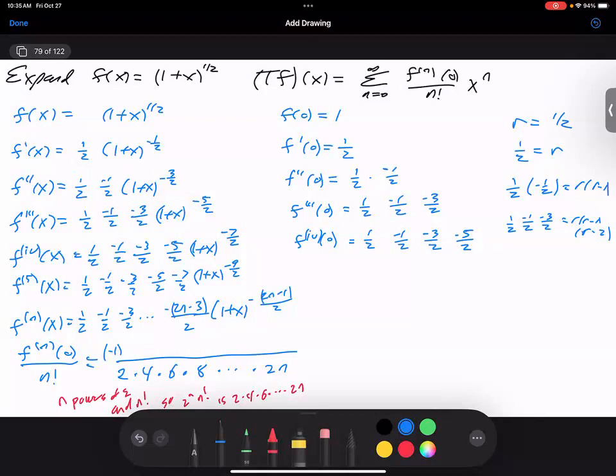So it should be -1 to what power? When n was 2, it was to the first power. When n was 3, it was to the second power. n minus 1. So something like that. So I can figure out what the -1 is without too much trouble. And then I'm going to have 2n minus 3, 2n minus 5, dot, dot, dot, times 3, times 1.